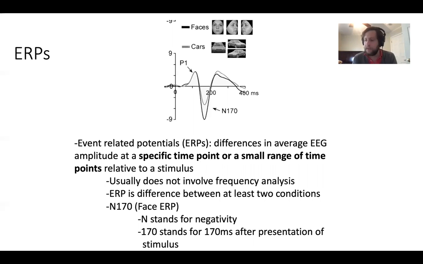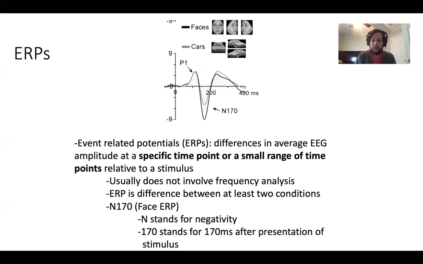Amplitude is oftentimes the main measure, or maybe power, which is very similar to amplitude, in a lot of frequency analysis studies, comparing the alpha amplitude when the participant is doing one thing to alpha amplitude when the participant is doing something different.